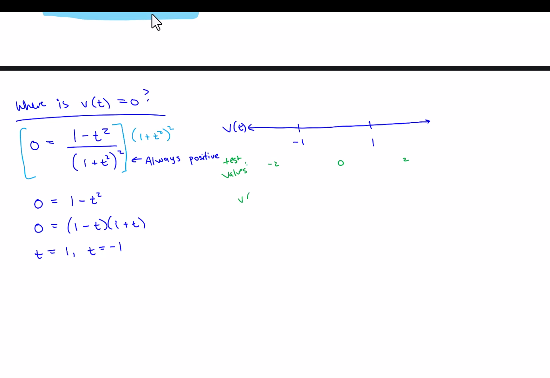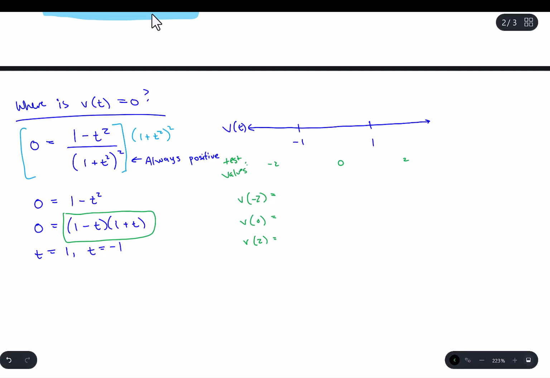So I need to evaluate v of -2, v of 0, and v of +2. Now, I'm only really concerned where it's positive or negative, so all I'm going to do is plug into the numerator, because again, the denominator is always positive, so it's not going to have any effect on the positive or negative end result of the function. So actually, I'll even plug it into this form right here.